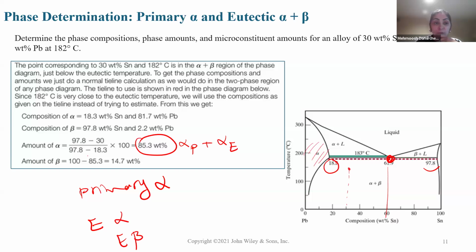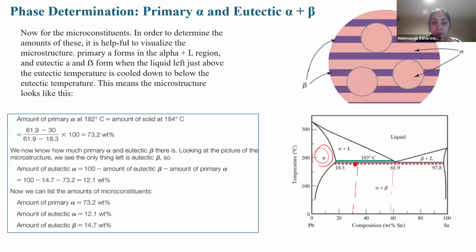So 100 minus 14.7 minus 73.2, that is primary alpha. So the amount of primary alpha is 73.2, eutectic alpha is 12.1, and beta, 14.7, is eutectic beta.